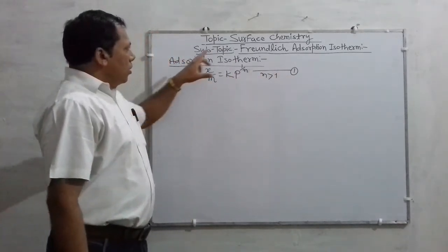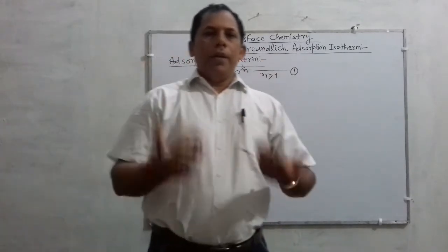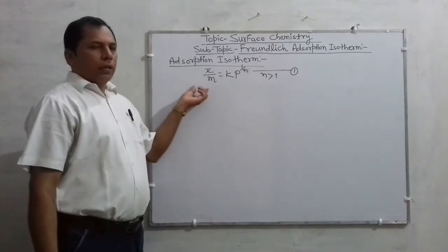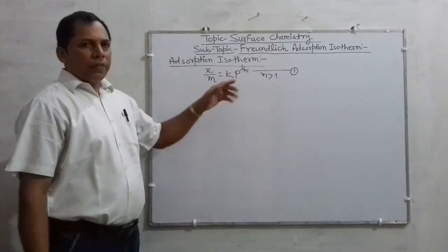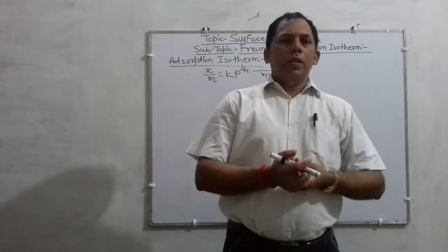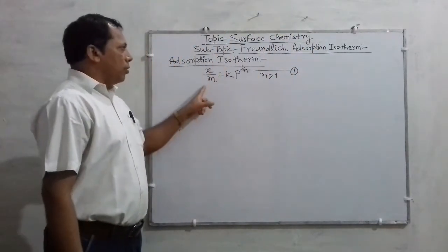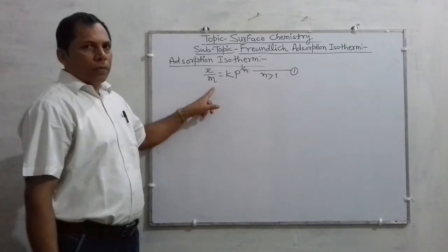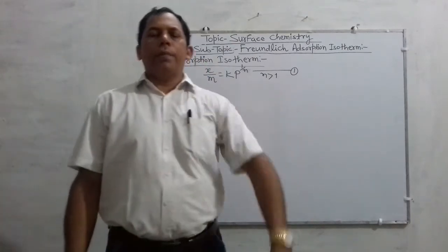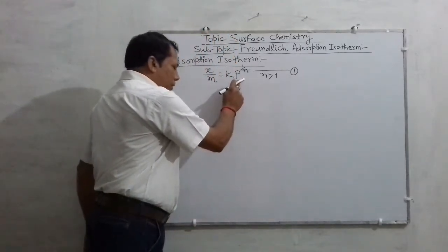So this Freundlich adsorption isotherm can be explained by plotting x by m versus p. Then a curve is obtained. Listen sincerely. This Freundlich adsorption isotherm can be best expressed by plotting x by m versus p.